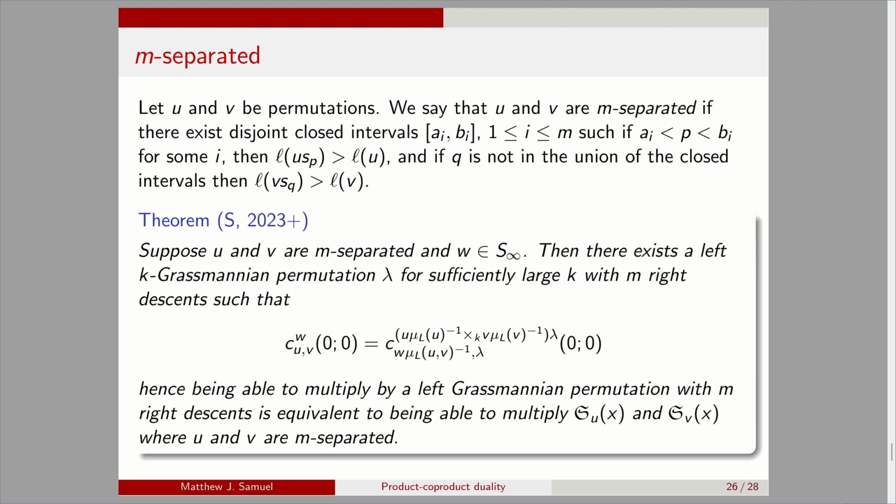It's a little bit icky, but being able to multiply by a left Grassmannian permutation with m right descents is equivalent to being able to multiply S_u(x) and S_v(x), where u and v are m-separated.